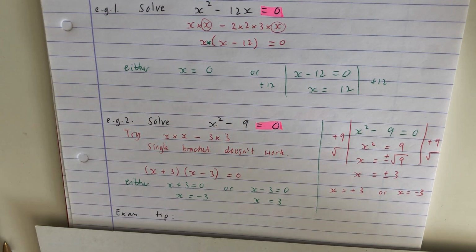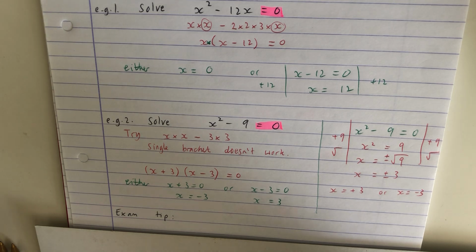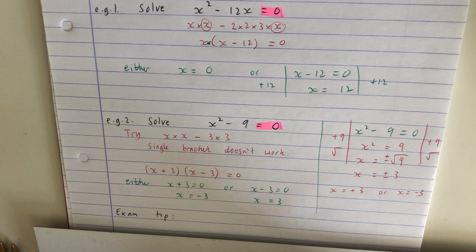So my exam tip is, when solving a quadratic, you should expect to get two answers. There is a possibility where you only get one. That would be when the brackets are identical to each other. But you should expect to get two.